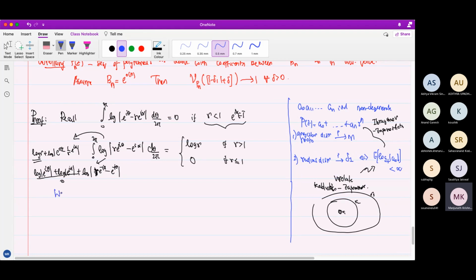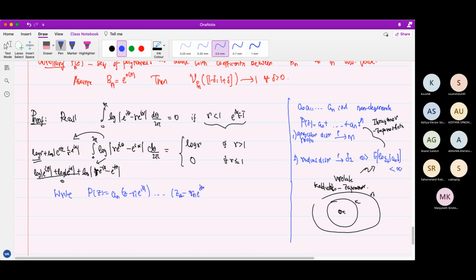So write P of z to be a n times z minus r1 e to the i theta 1, dot dot dot, z, sorry, there is no zn, it is z minus rn e to the i theta n. So this is what we have.